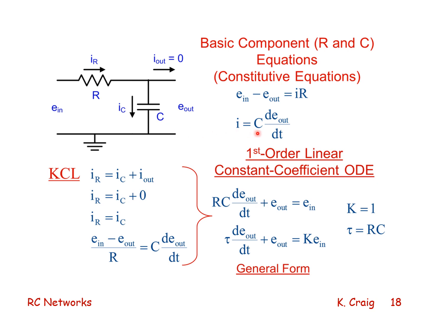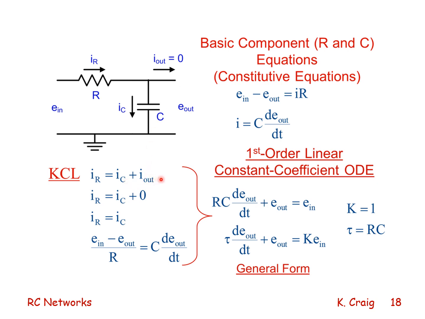This current is equal to the capacitance times the time rate of change of this output voltage, the voltage across the capacitor. And IR equals IC because we're assuming I out is equal to 0, meaning that this RC circuit is not connected to anything downstream that will draw current.